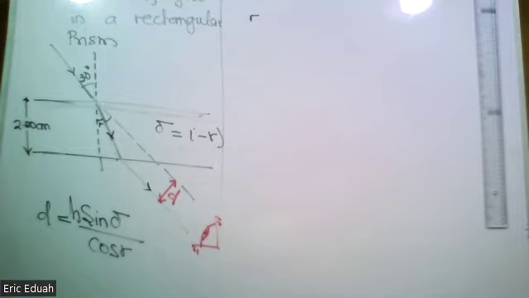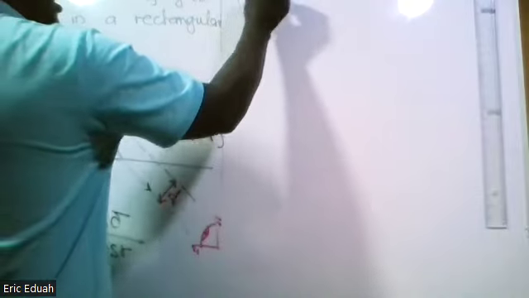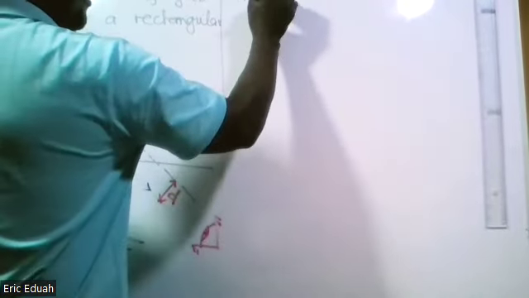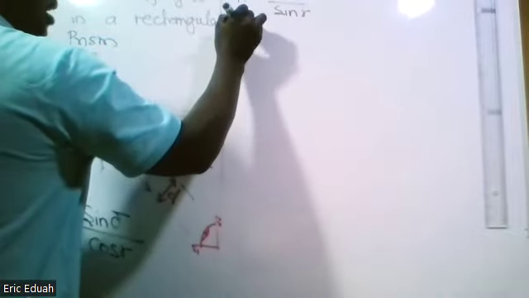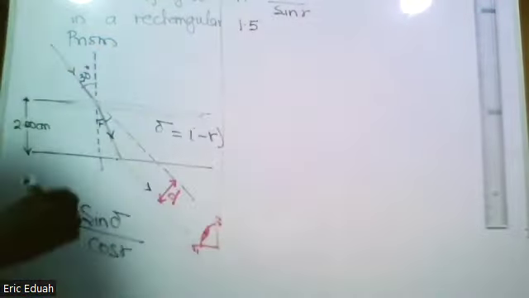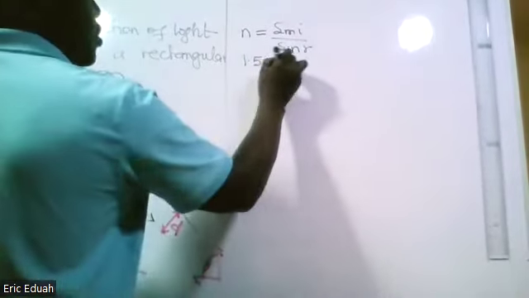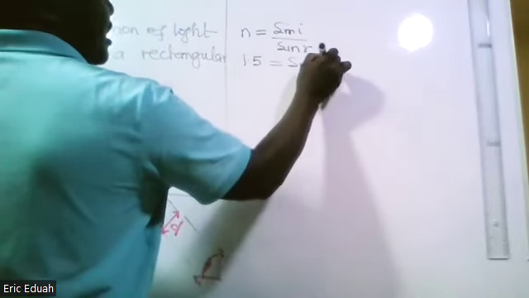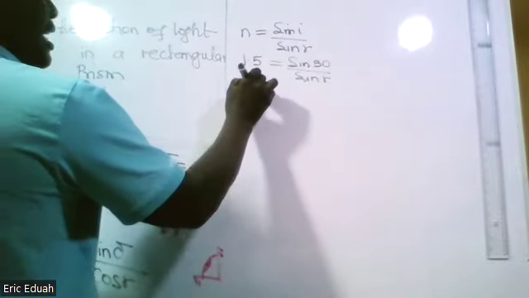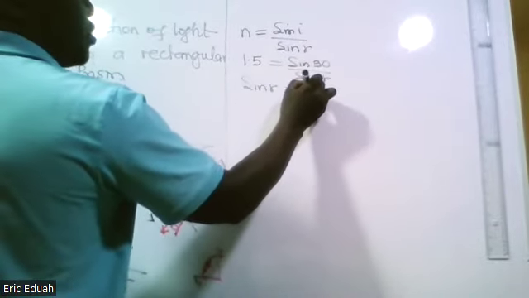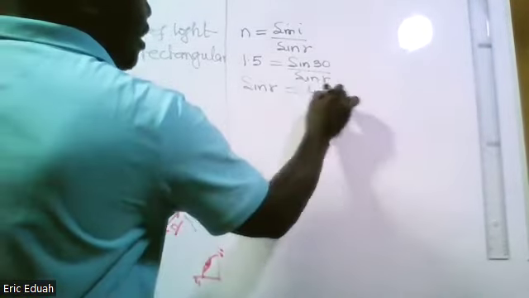So we are given the absolute refractive index, 1.5, which is equal to sine 30 over sine R. Therefore sine R is equal to 0.5, since sine 30 is a half, over 1.5.